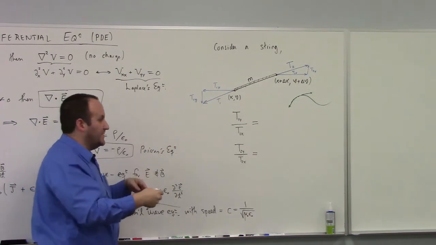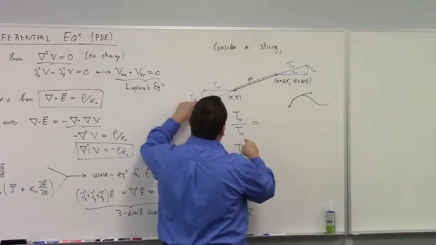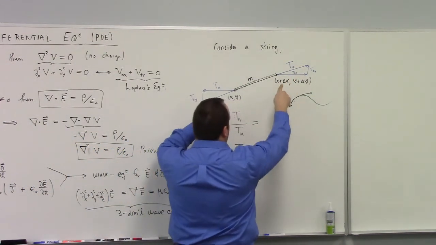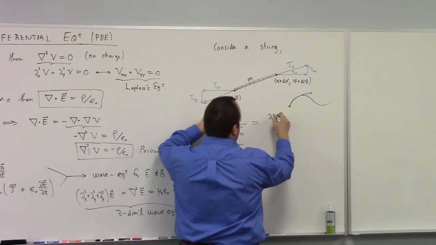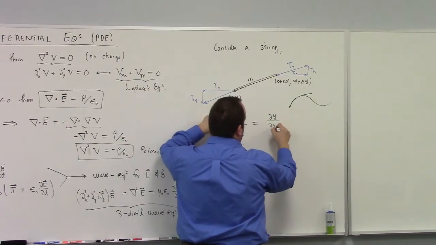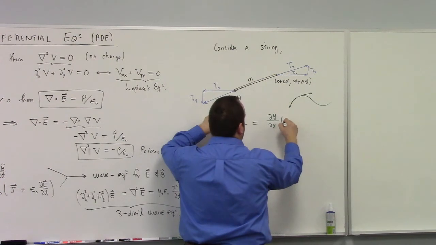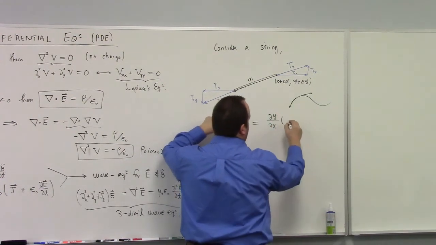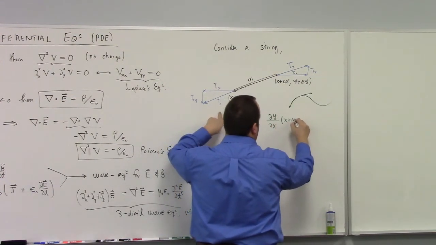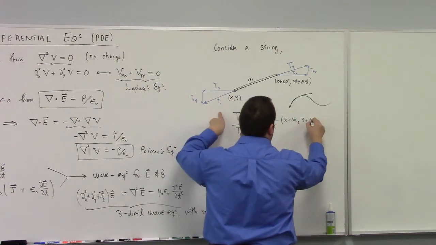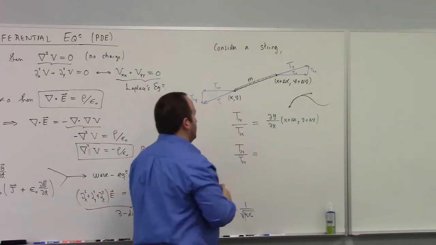That's how it works. So here, T2 should be partial y, partial x at what point? At this point, right? And how about over here?